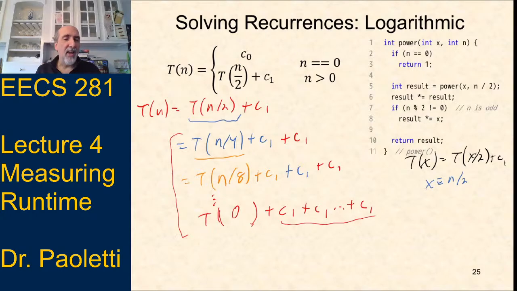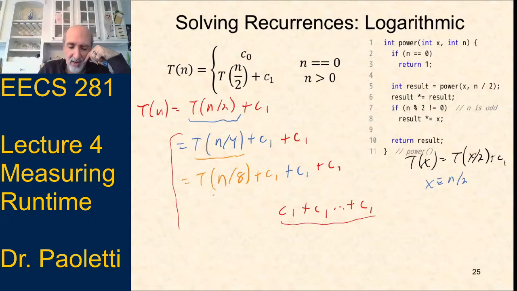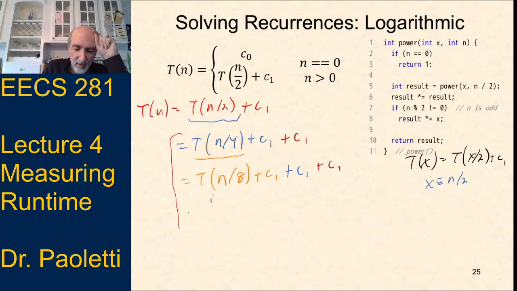See, let's say I went down to T of n divided by n, right? I could eventually get to T of n divided by n plus a bunch of C1s. And if I divide once more, I could get to T of 0, right?